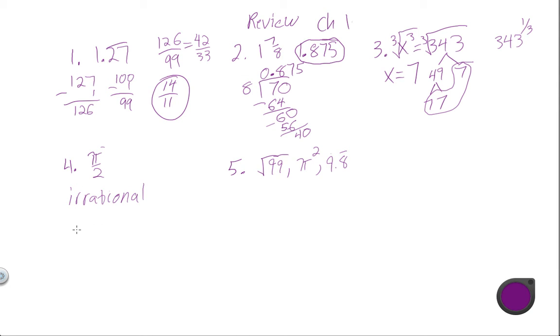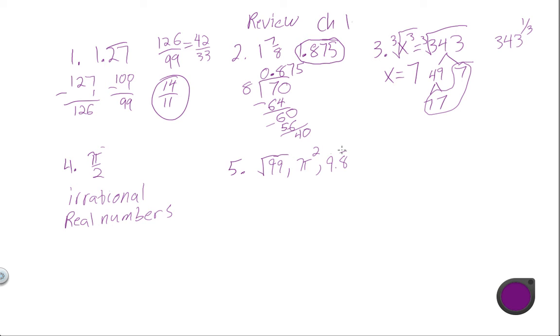And remember that irrational numbers fall under real numbers. And those are the two names that apply to that. You might want to just do a quick review of your other options, rational numbers, integers, etc.